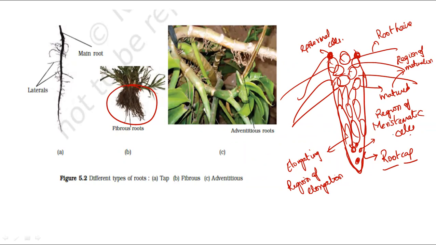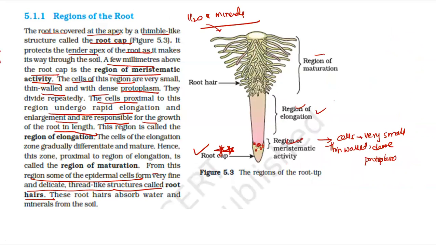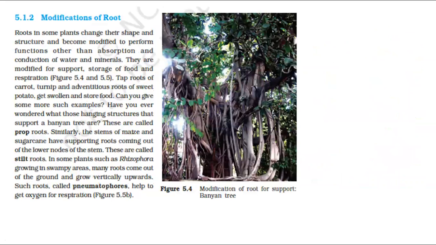They divide very rapidly, and that is called the region of meristematic cells. They elongate, and that region is called the region of elongation. And then they mature, that is called the region of maturation. Then you can see epidermal cells from which root hairs are given. The root hairs are the most important structure because they help in absorption of water and minerals.